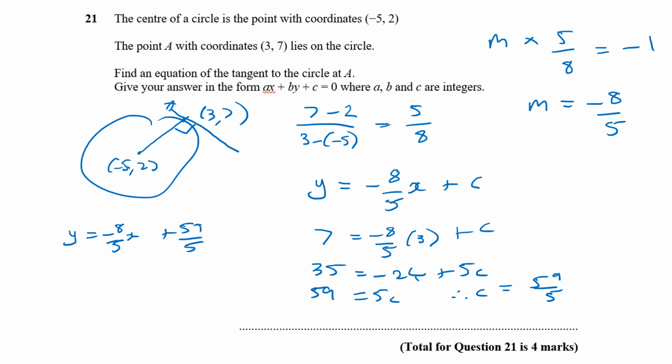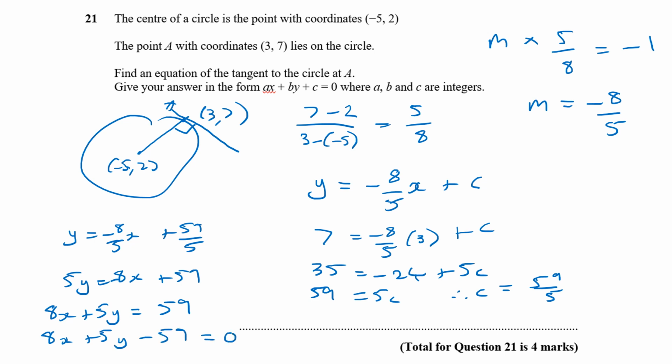I can multiply everything by 5 in this case to get 5y equals -8x plus 59. I can add 8x to both sides to get 8x plus 5y equals 59. I can then subtract 59 from both sides to get 8x plus 5y minus 59 equals 0. And that's our final answer.